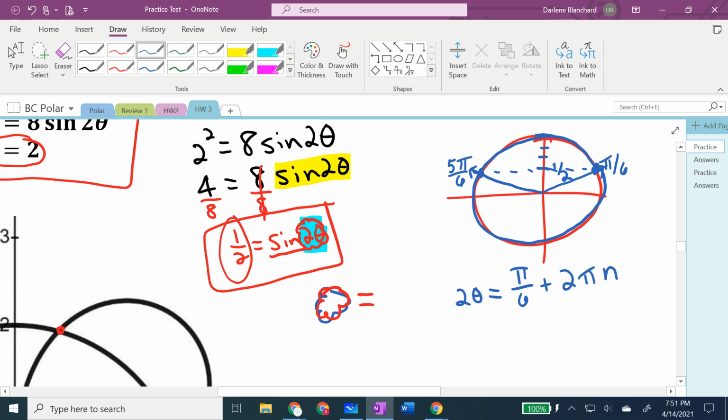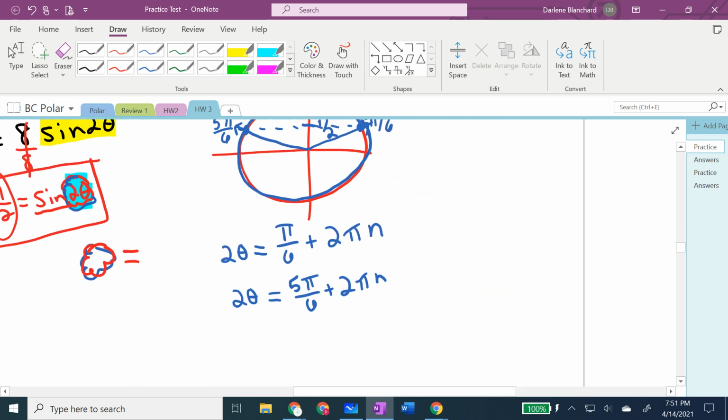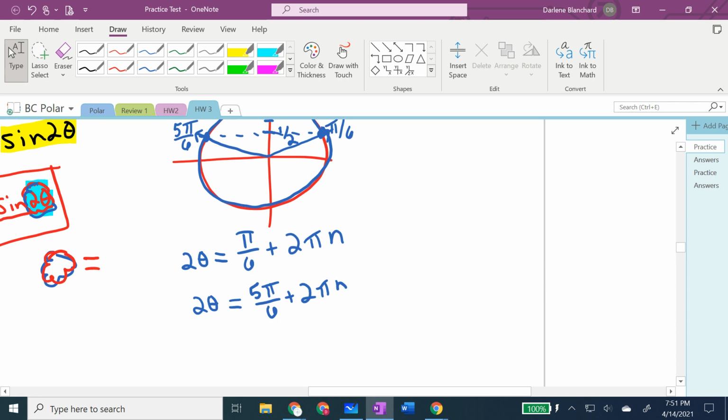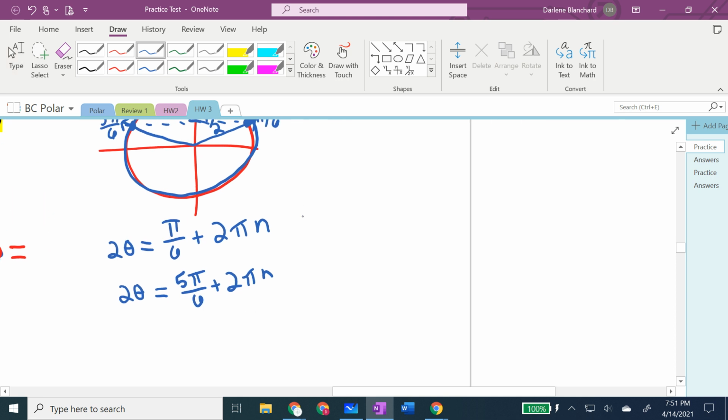The other thing that it can be equal to is 5π/6 plus any 2πn. And again, that's what the blob angle equals. So if you want to know all the values that theta could possibly be, you want to divide both sides of this equation by 2. So when I divide by 2, I'm going to get pi over 12 plus pi n. And over here, I'm going to get 5 pi over 12 plus pi n.